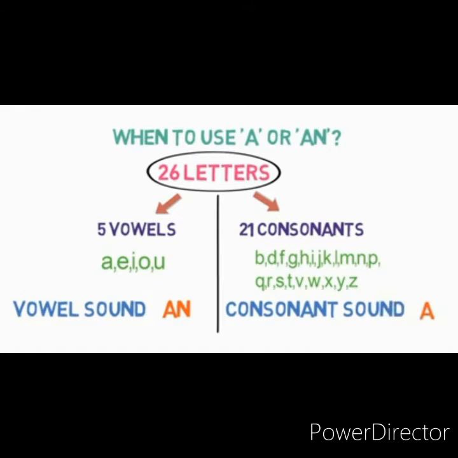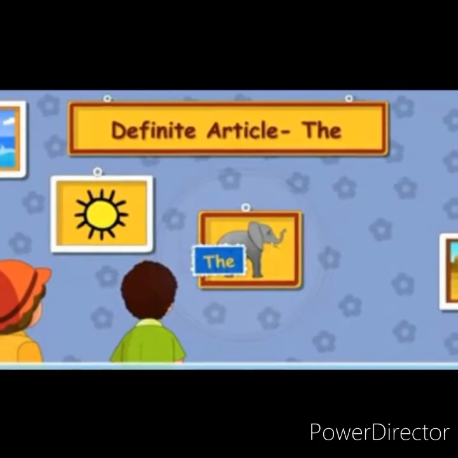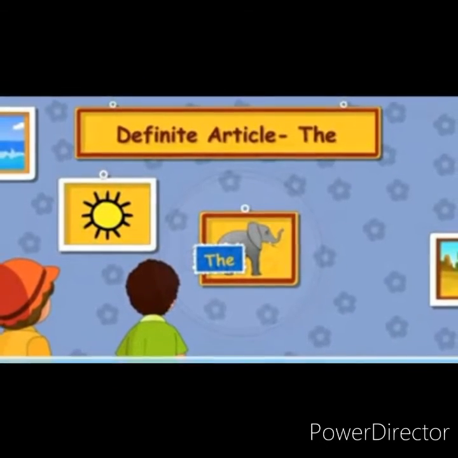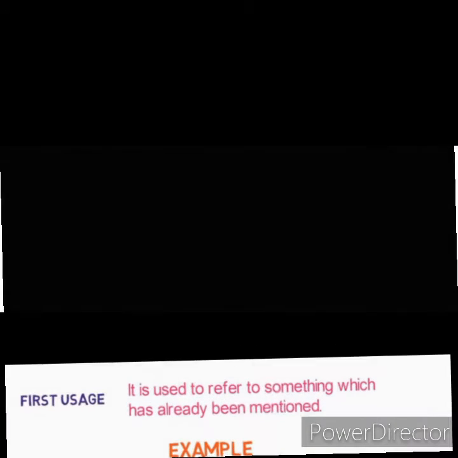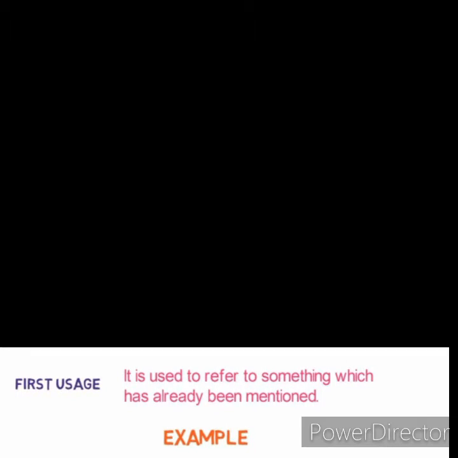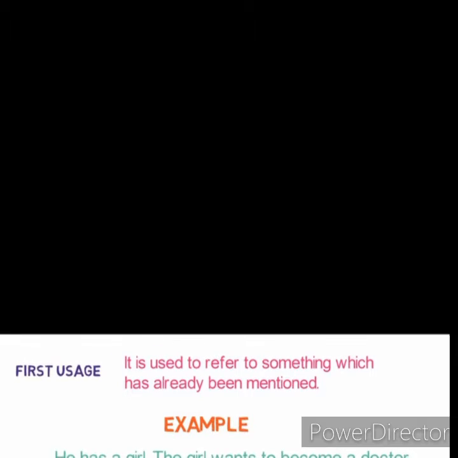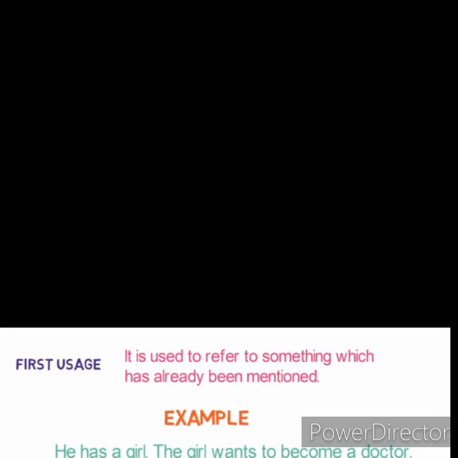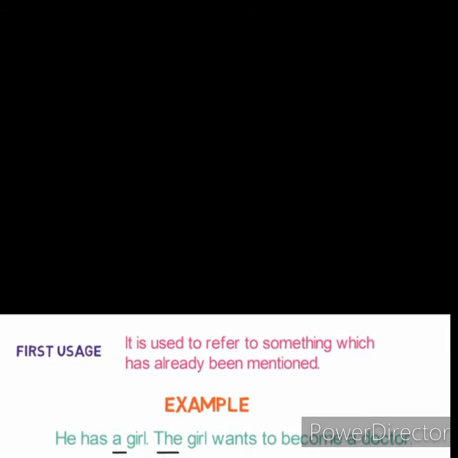Now next is definite article, and that is the. Now definite article the has 5 important usages, and they are: firstly, article the is used to refer to something which has already been mentioned. For example, he has a girl. The girl wants to become a doctor.